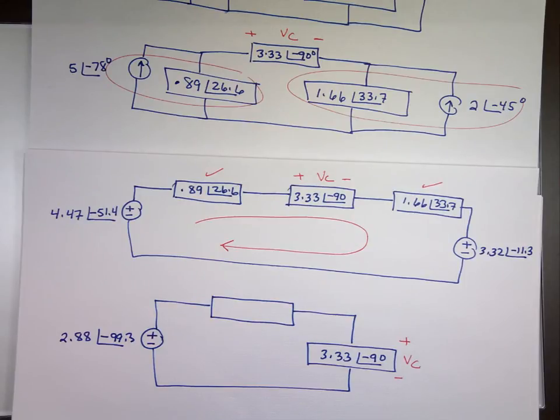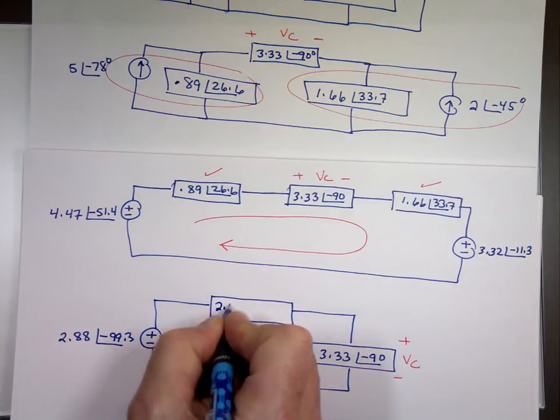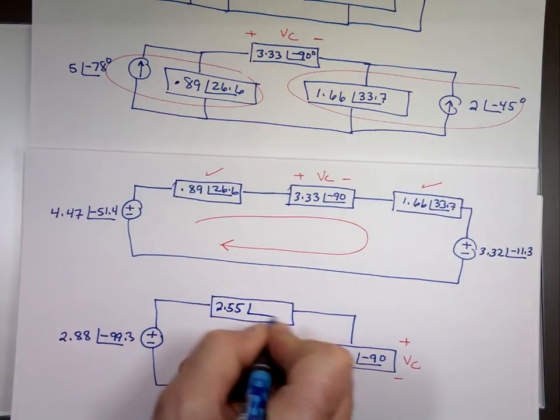It doesn't matter if there's a gap between them. So let's add them: 0.89 angle 26.6 plus 1.66 angle 33.7 is 2.55 roughly, angle 31.2.